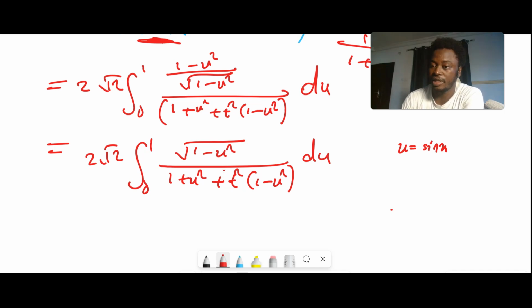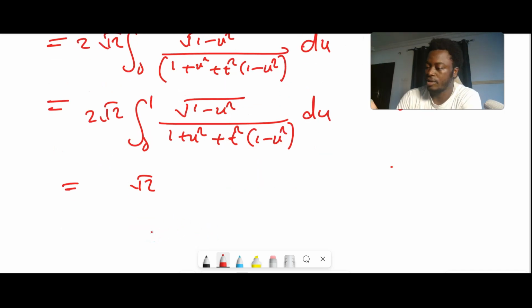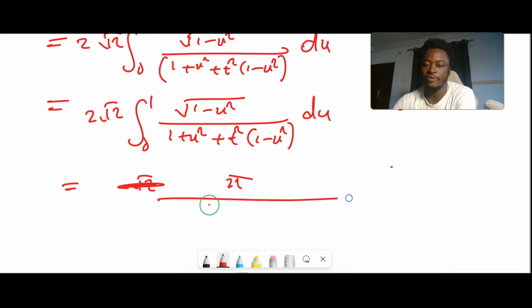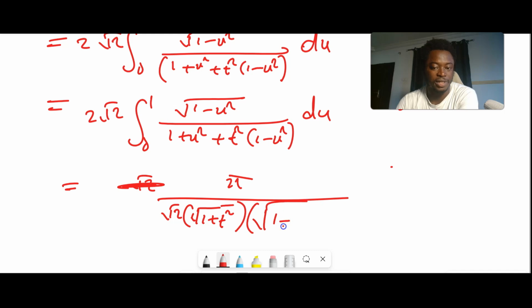So if you integrate this, you would end up with square root of 2, then square root of 2, and then you will have a pi all divided by square root of 2 times square root of 1 plus t squared, times square root of 1 plus t squared, then plus square root of 2.